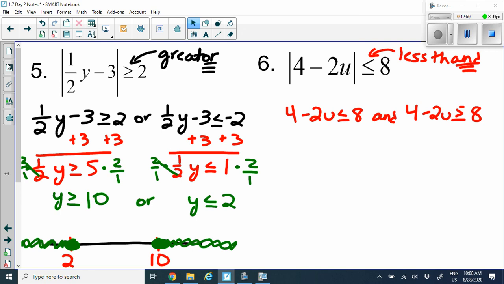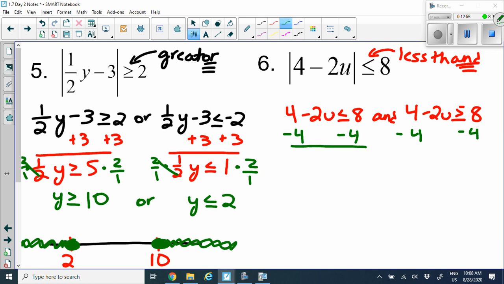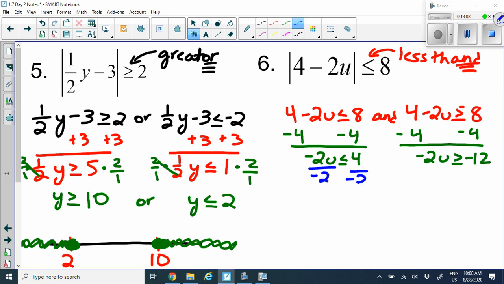Okay, on both of these, I'm going to subtract 4 from both sides. So I have negative 2u less than or equal to 4, and negative 2u greater than or equal to, I think, negative 12. Now I divide both sides by negative 2. And I get u.